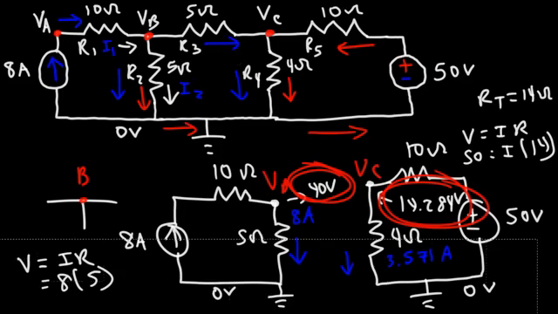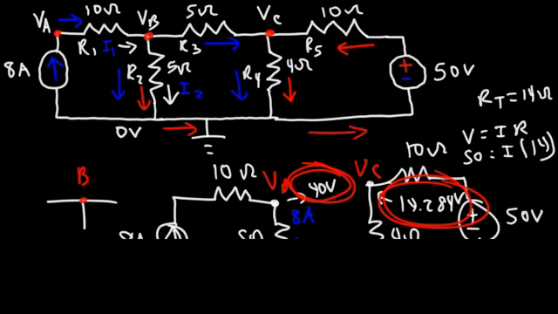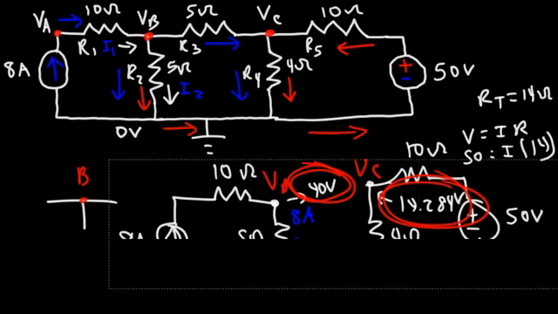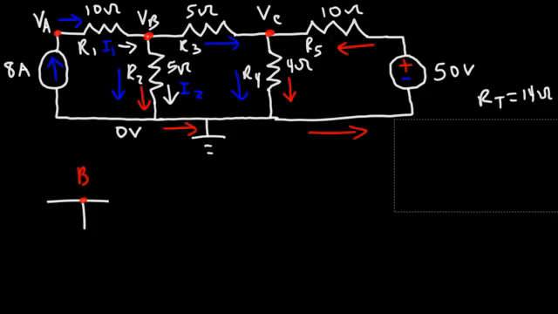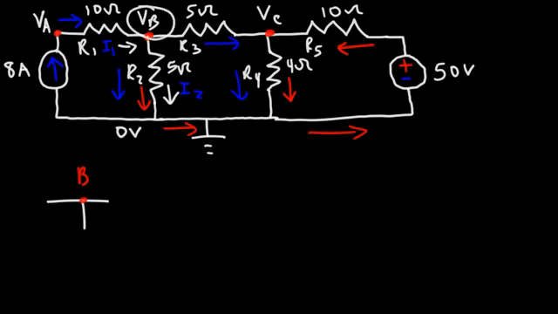So now we have everything we need in order to solve this circuit. So let me just clear away a few things. So focusing on point B, current 1 is flowing towards that node, so we're going to give it a positive value.